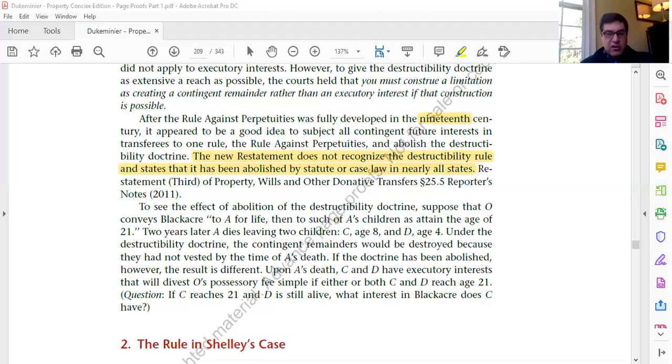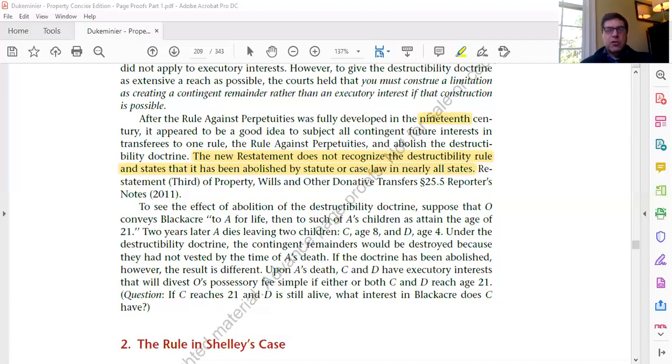It's now an executory interest rather than a remainder, because in order to become possessory, this interest in B's children who survive B is going to have to divest the vested remainder in T's heirs or devisees. And so basically, it's no longer a contingent remainder upon A's death. It's now an executory interest upon A's death.